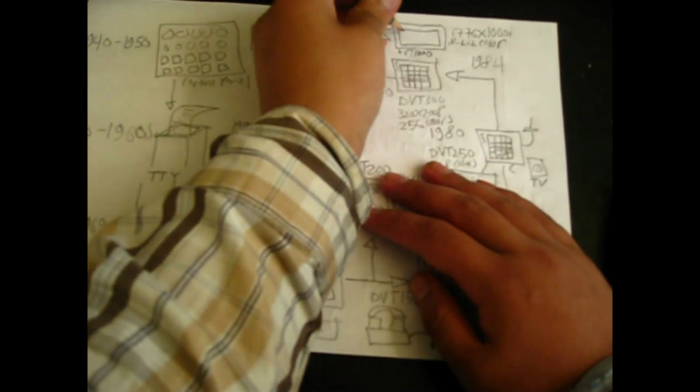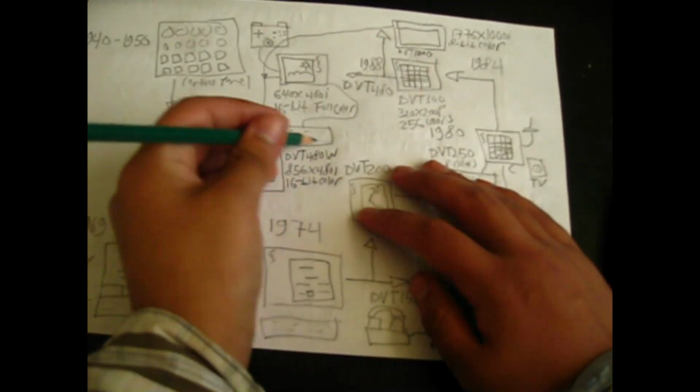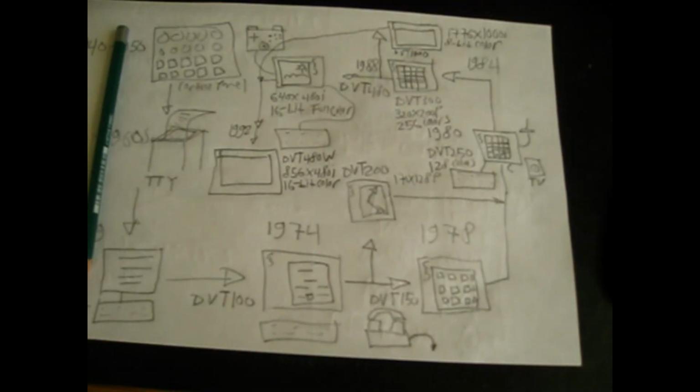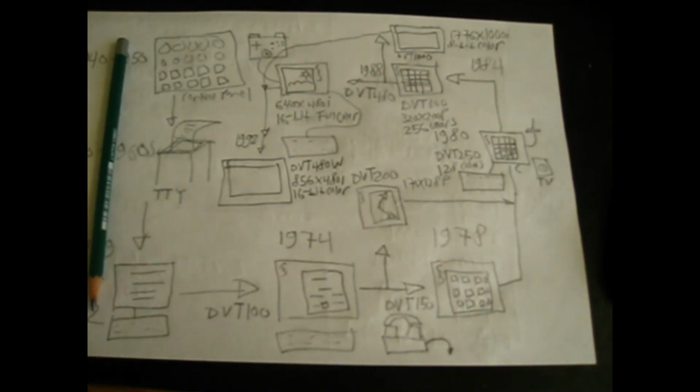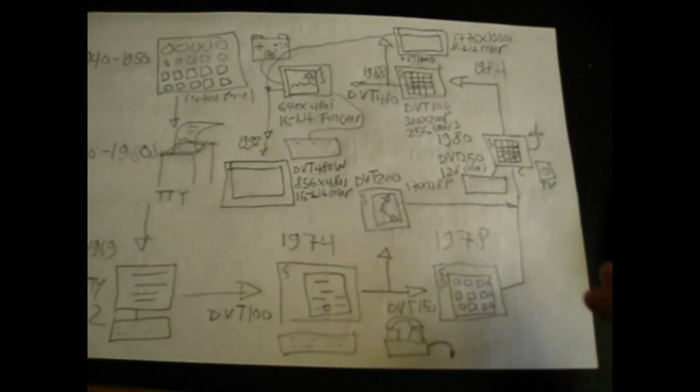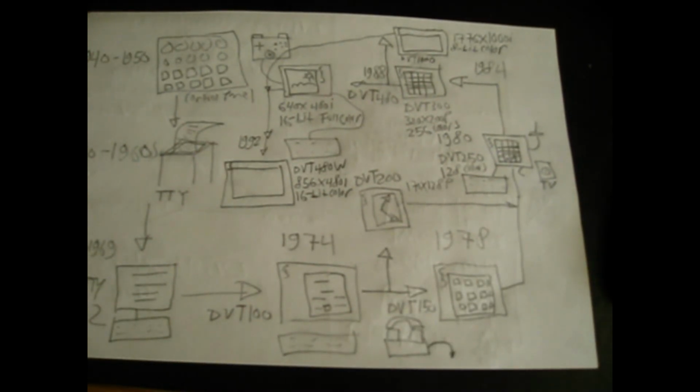Interestingly enough, DVT-1000 and DVT-480W would be the first DVT standards to end up using some form of early compression for the video signal, which again would have ended up helping DVB and online digital video distribution.